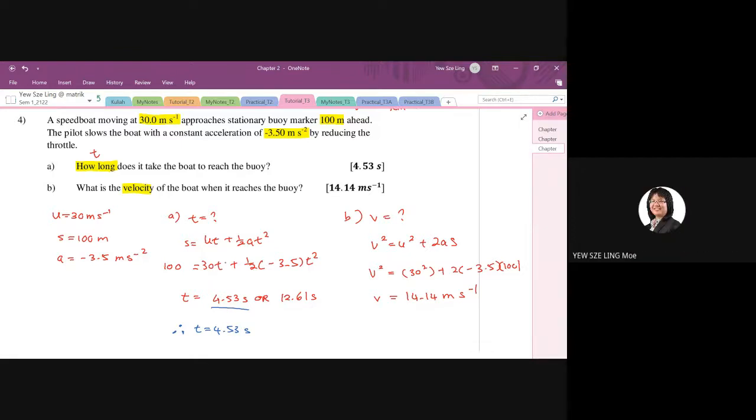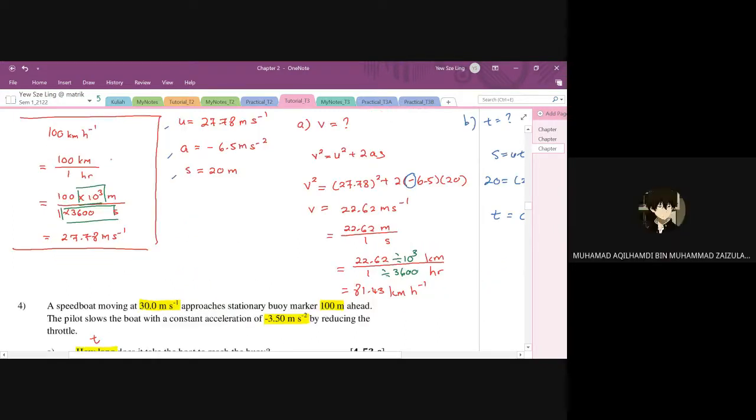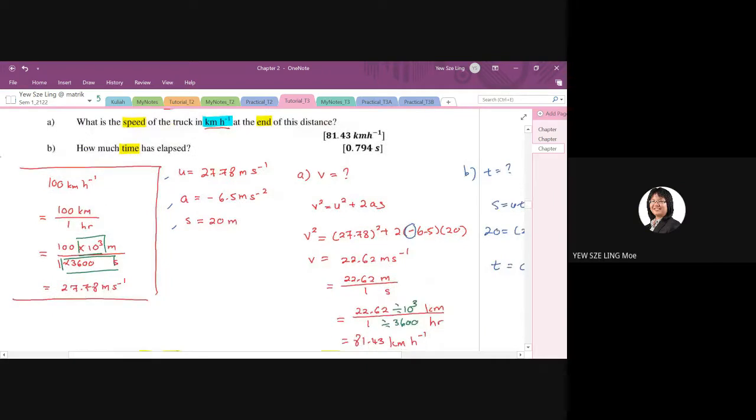Madam, from the hour to seconds, from hours to seconds, how do you get the 3,600 seconds? Oh, the previous question. Yes. How did you get 3,600? Because it's 1 hour.